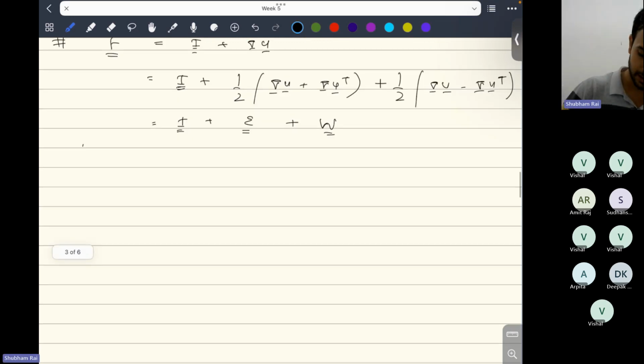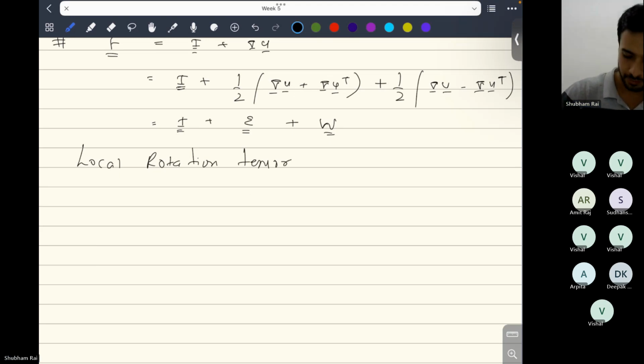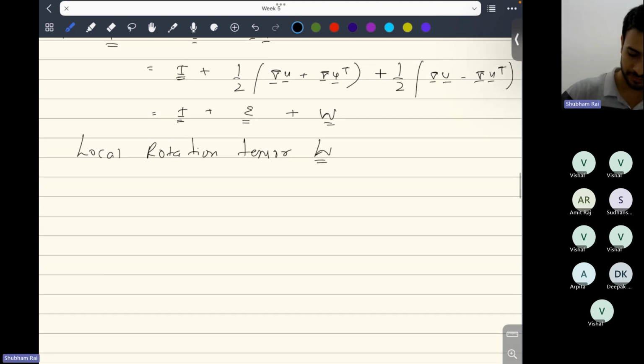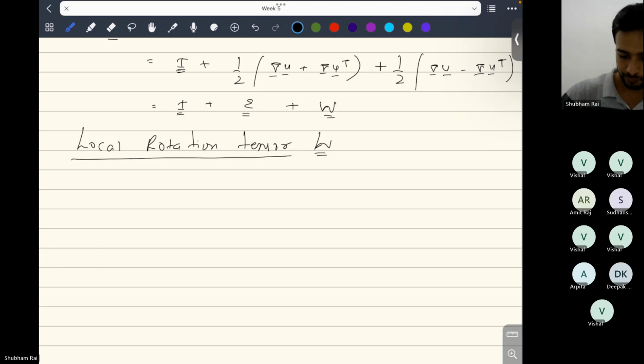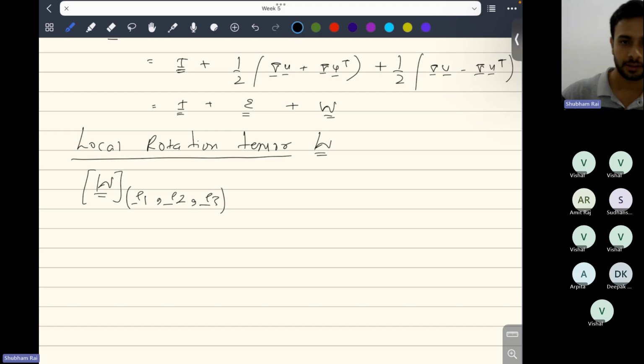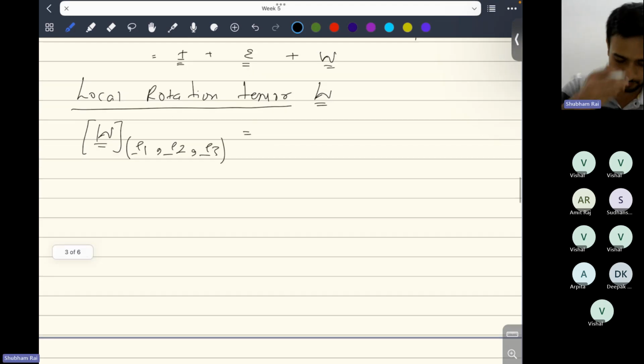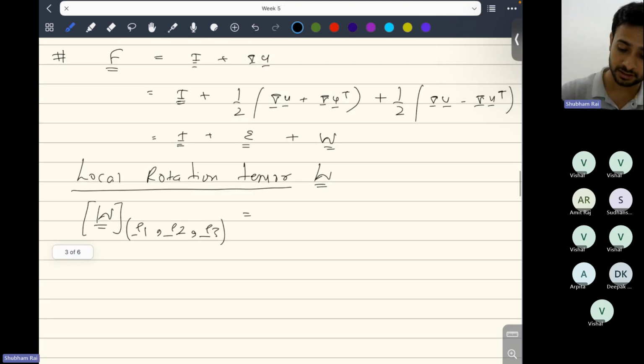So we can write the local rotation tensor W. Obviously we are expressing W in the coordinate system e1, e2, and e3. The expression for W is nothing but half of grad u minus grad u transpose.